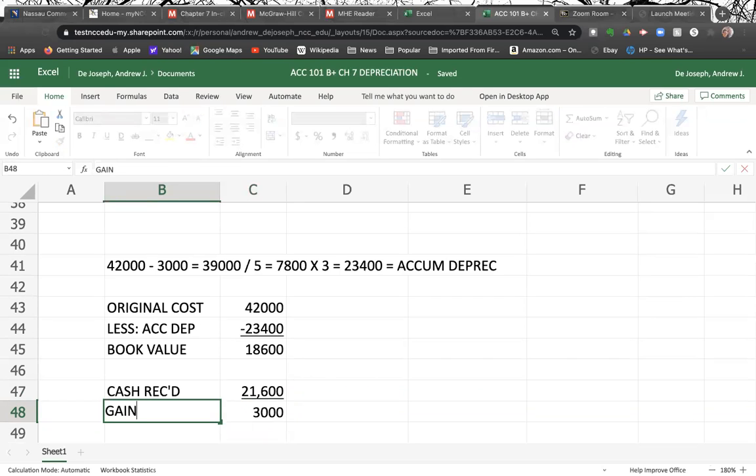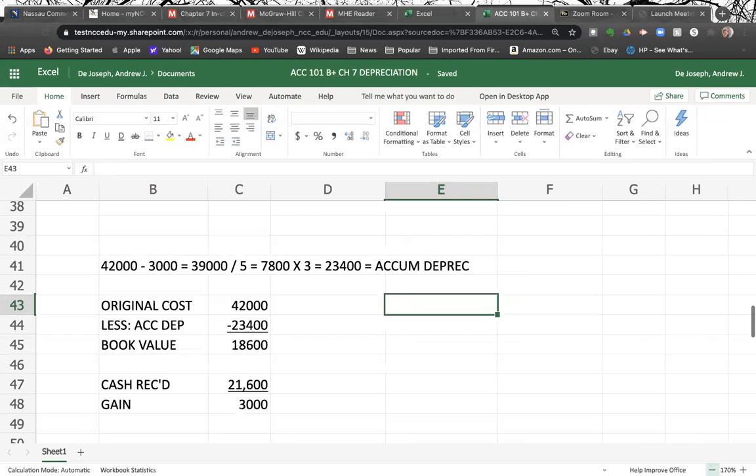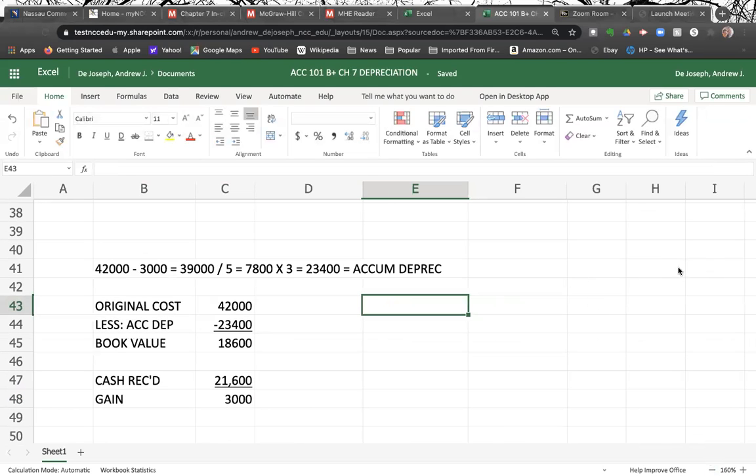I have a gain of $3,000. Now, how do I turn this into a journal entry? All the numbers are here for the journal entry.